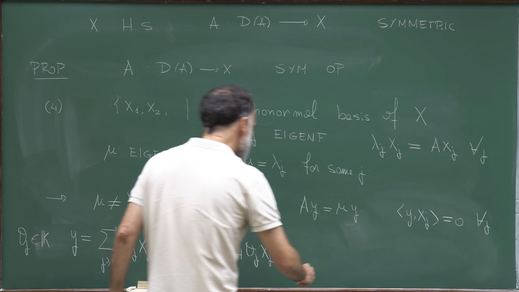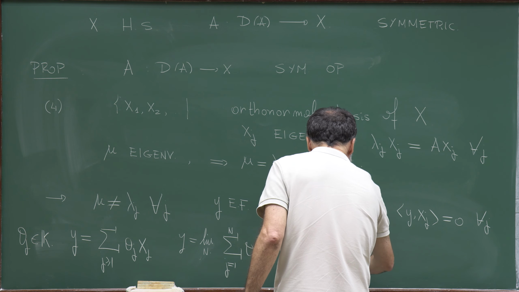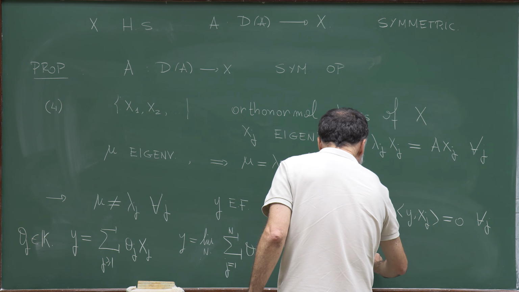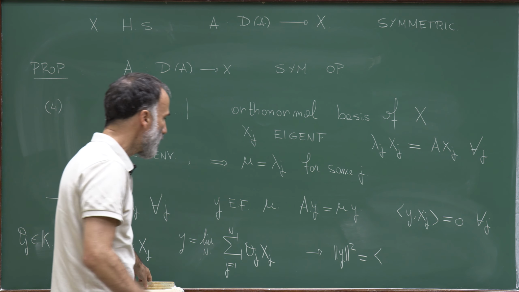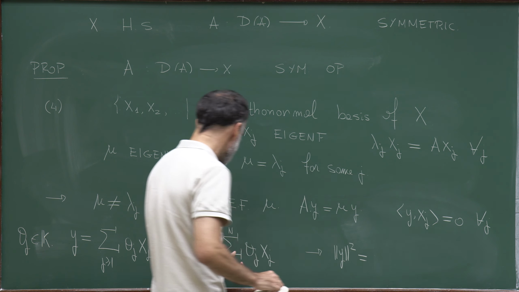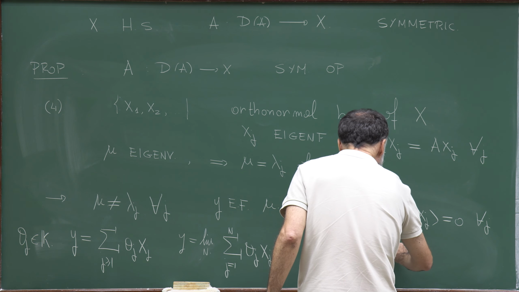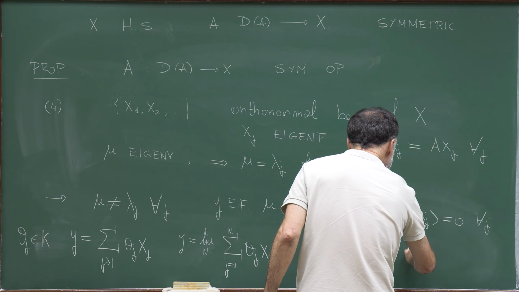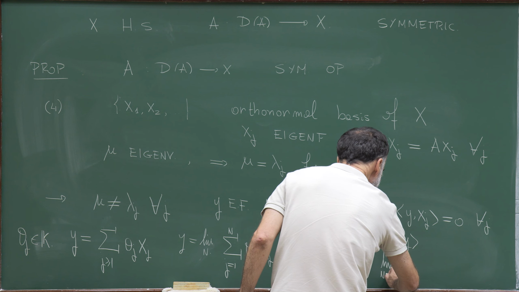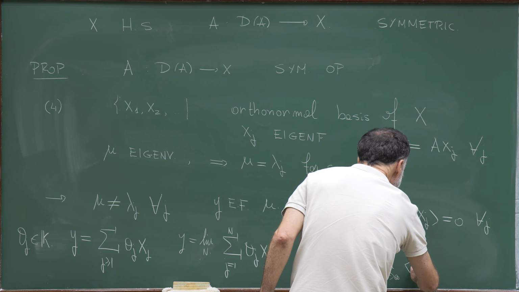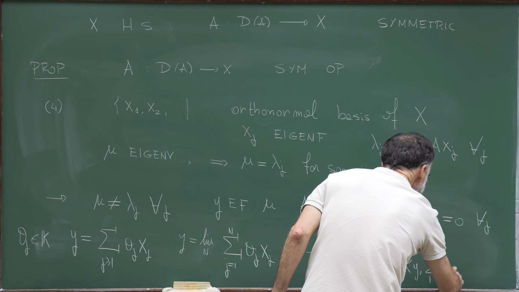So this means that the norm square of y, which is equal to the scalar product of y with itself, since this sequence is converging to y, is also the limit as n tends to infinity of the scalar product of y with the sum from 1 up to n of theta j xj.